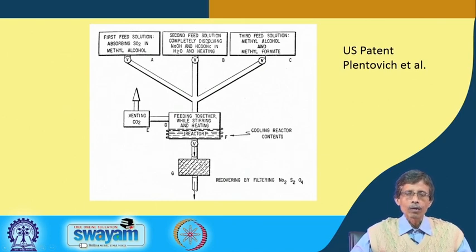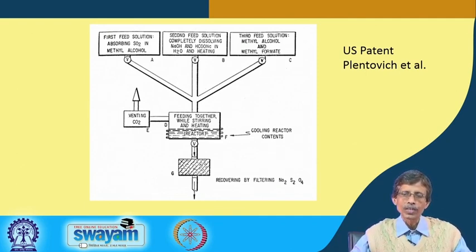This is the procedure people can adopt, and mostly all these industrial processes depend on the company and what they are producing, but are protected through some patent. It is the patent of Plantovich, who implemented this for a simple reduction by sodium formate.